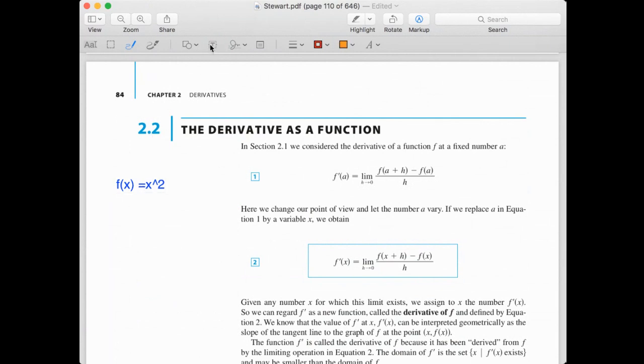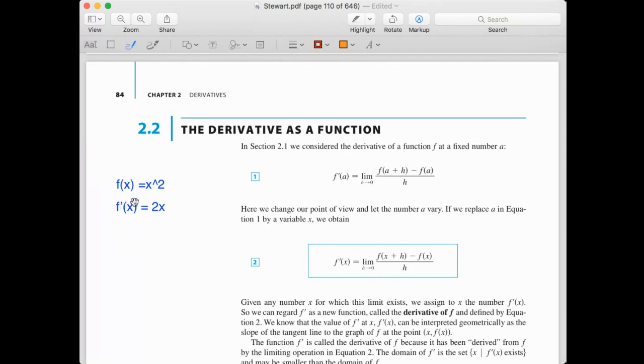We can go through the definition to find the derivative. So f prime of x equals 2x. So for polynomial functions, the derivative of the function is one degree lower than the original function. All right, that's for polynomial functions.